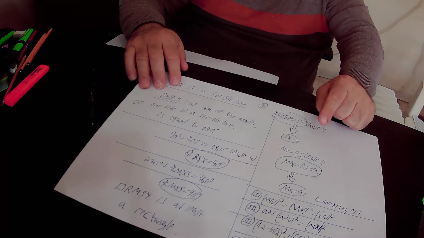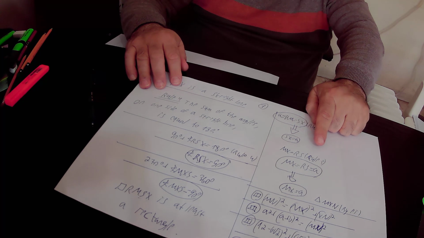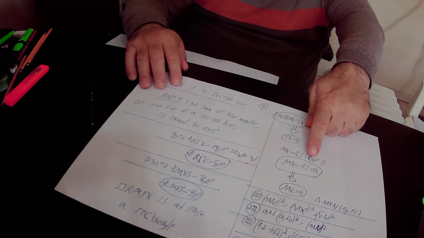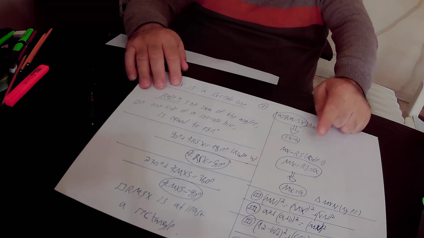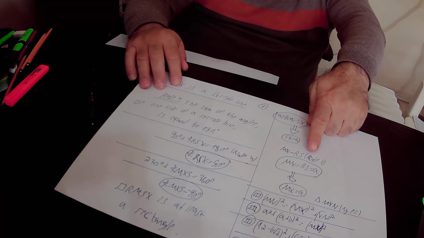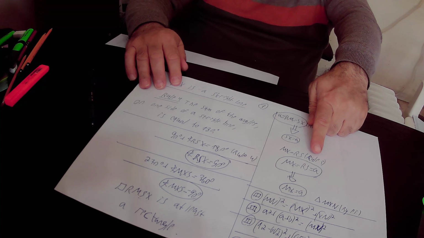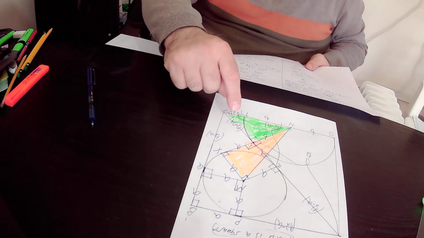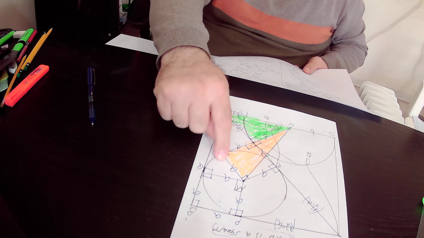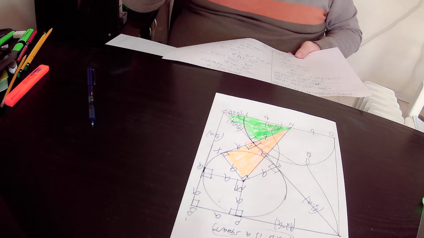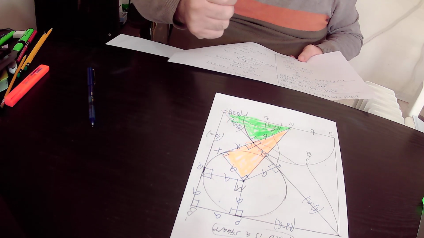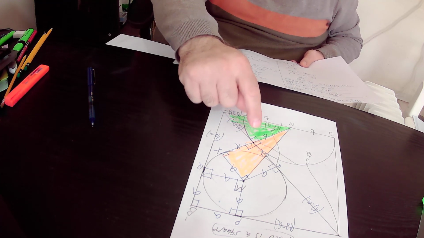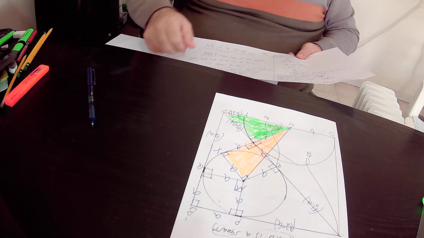But we have already found out that RS equals A. So MX is also equal to A. So we found that quadrilateral RMSX is a square, because all of its sides are equal to each other, they're equal to A units.